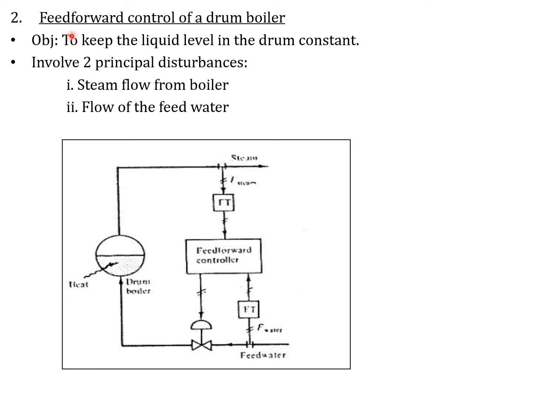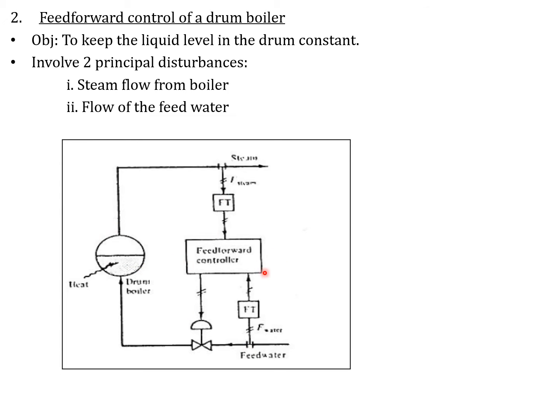Next is feedforward control of a drum boiler. You have a drum boiler here, producing the steam. And what are the disturbances? There are many, but these are typical disturbances that affect the drum boiler. Changes of steam flow from the boiler, or the flow of the feed water itself, can be a disturbance onto the drum boiler.